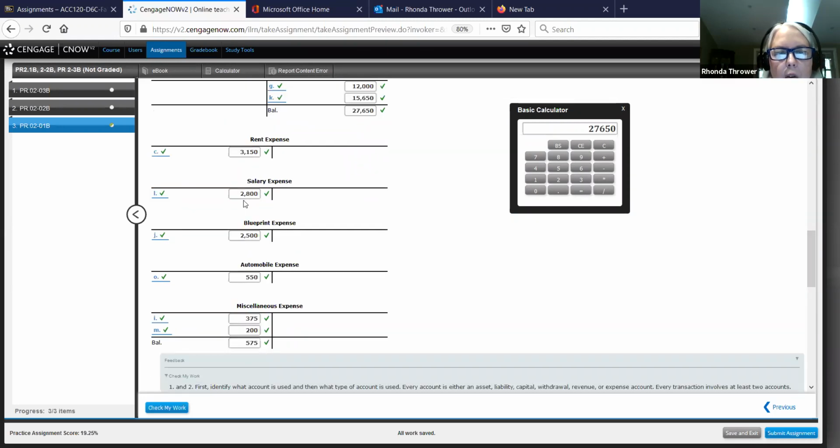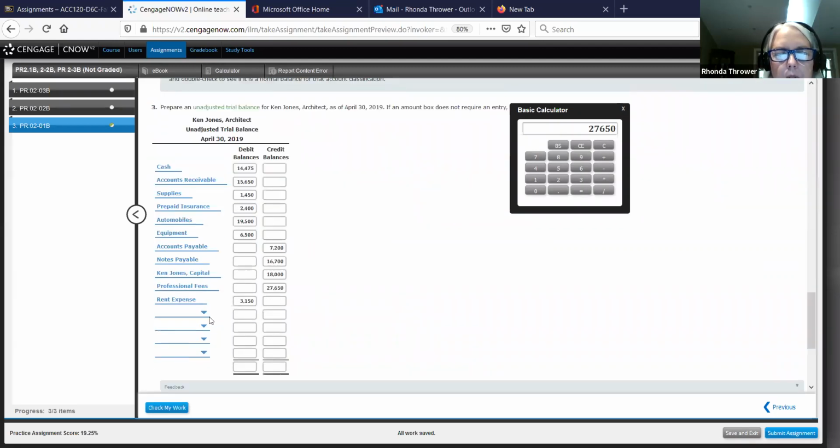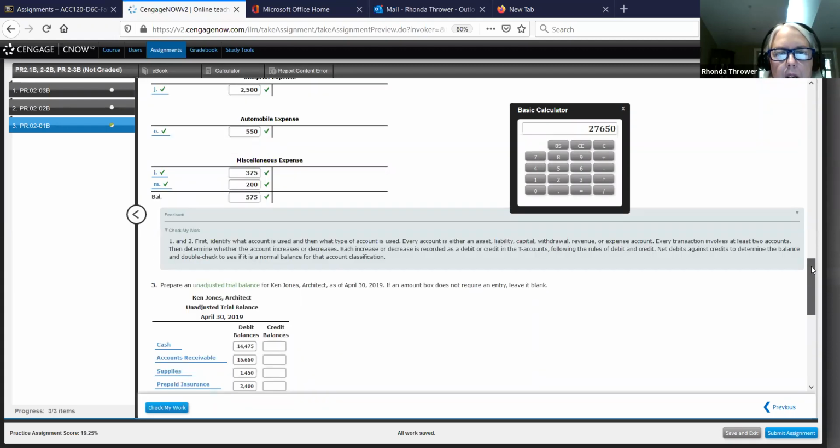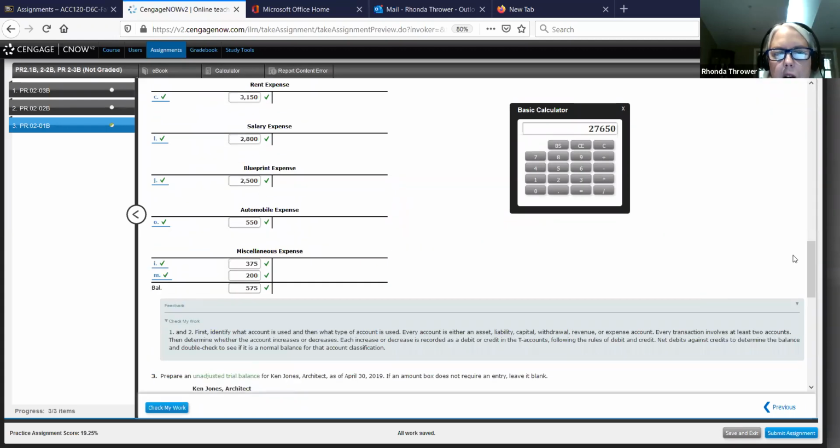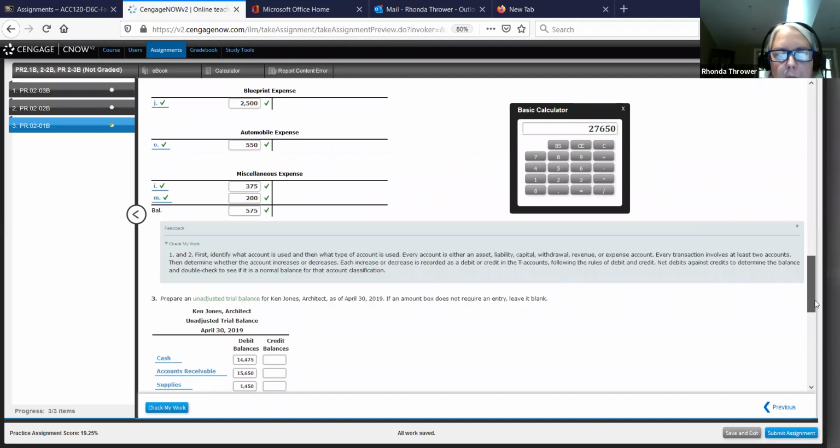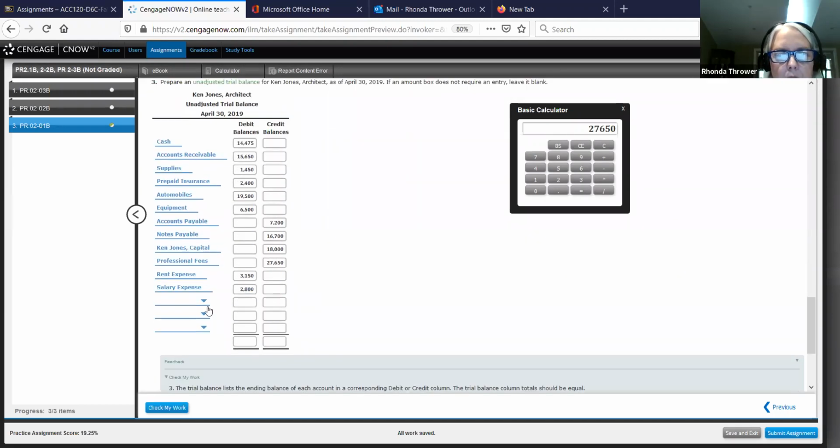The salary expense has a debit balance of $2,800. You're just copying the ending balances down here. And it's expense, so it's got to have a debit balance. The blueprint expense has a debit balance of $2,500.